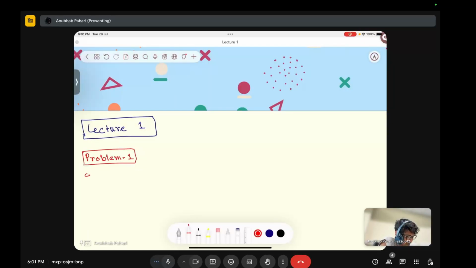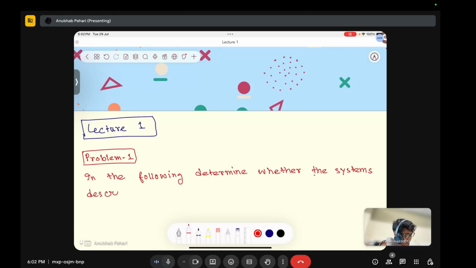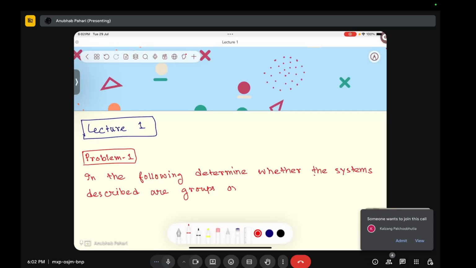In the following, determine whether the systems described are groups or not.